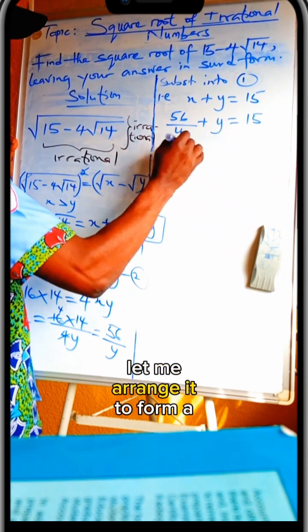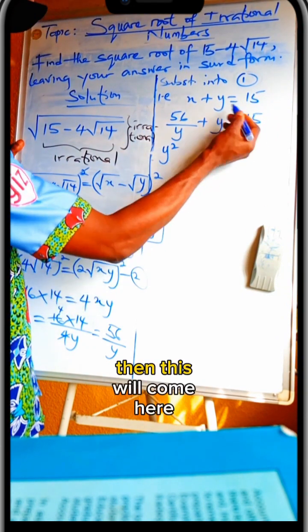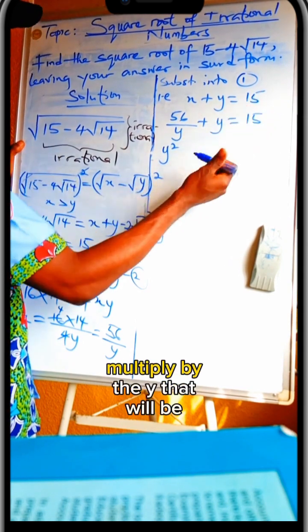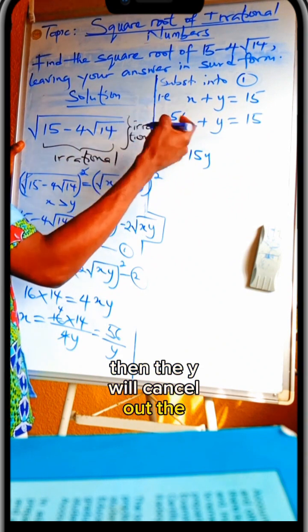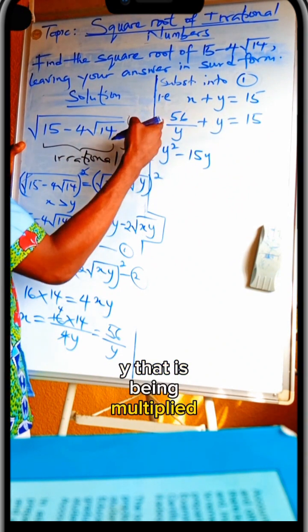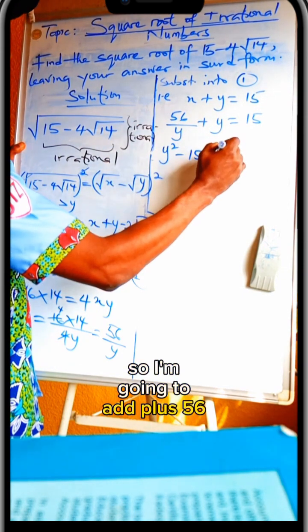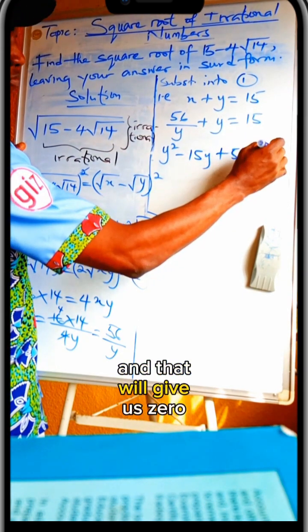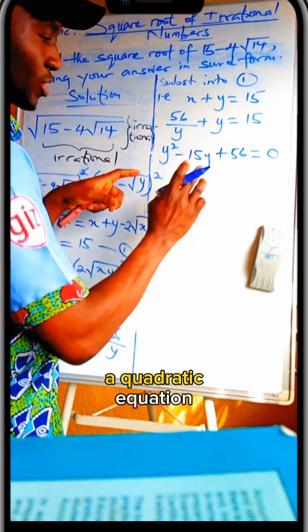Let me arrange it so that it forms a meaningful equation. Then this will come here, multiplied by the y, that will be minus 15y. Then the y here will cancel out the y that is being multiplied by it. So I'm going to have plus 56, and that equals 0. So this actually has led to a quadratic equation.